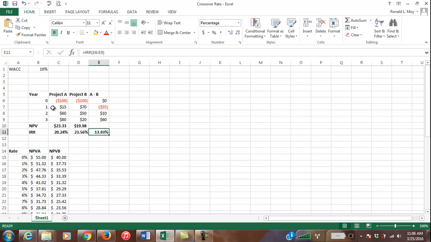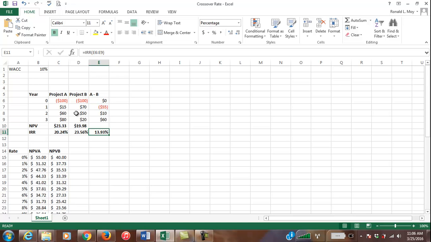So this is the case where a higher interest rate is going to hurt A because that discounting factor, dividing by 1 plus the interest rate raised to the third power, is going to really reduce this number much more than it's going to reduce this big number. And so the crossover rate is where the two are equal in terms of NPV. So at an interest rate less than 13.93%, A is better.